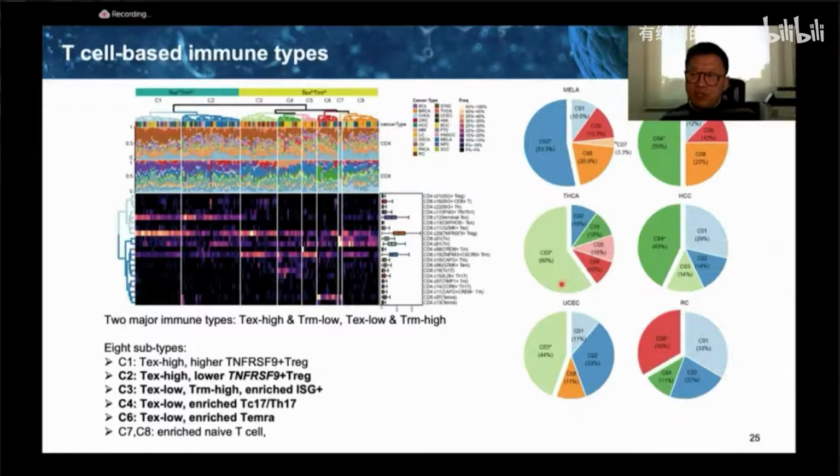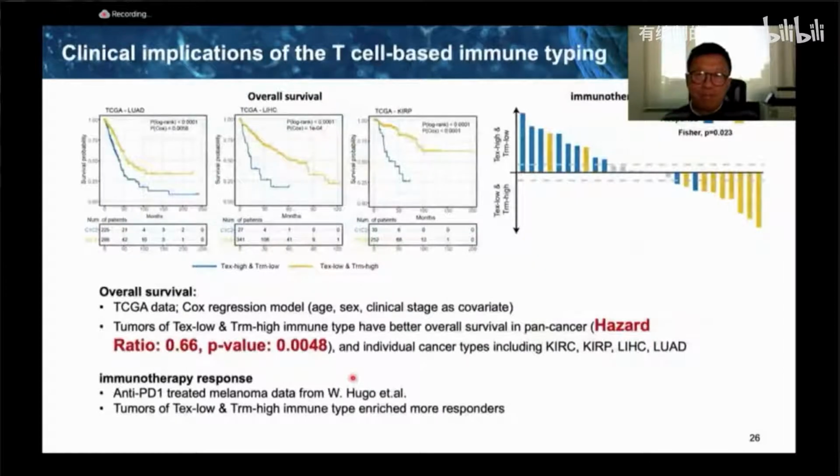So C3 represents the tumors with low abundance of terminal exhausted T cells and high abundance of TRMs. Okay, again, the presence of these cells suggests these are two cancer types that might also benefit from immune checkpoint blockade.